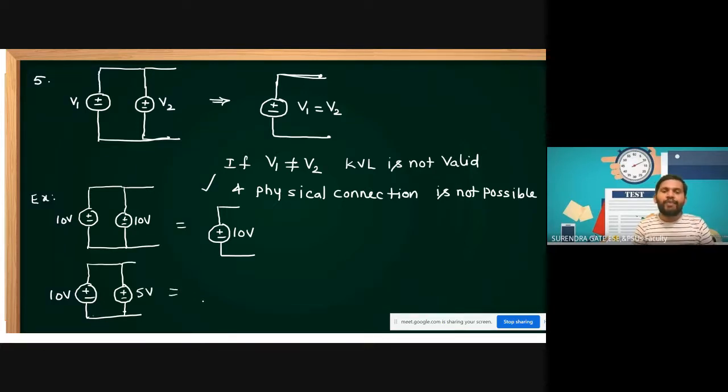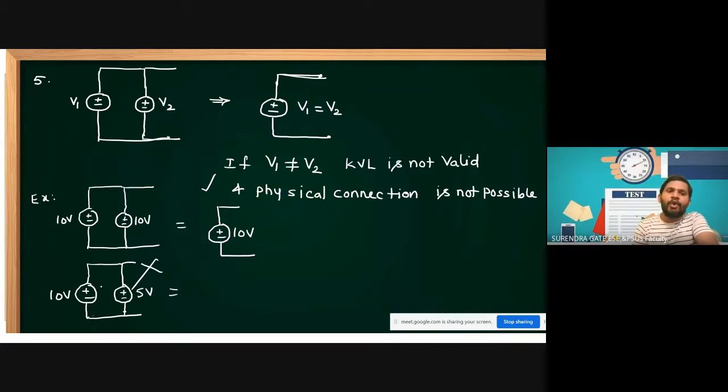Can you say that it is 10 volts? 5 volts? 15 volts? 30 volts? I think you have some doubt here. Understand? That's why this is not possible. This physical connection is not possible, because KVL is not valid here.